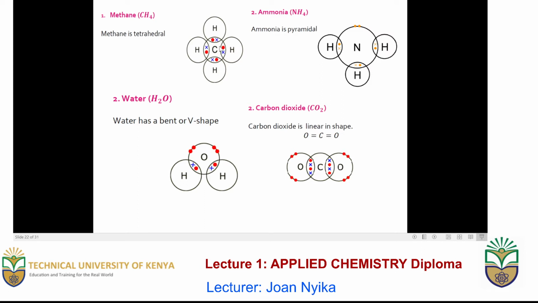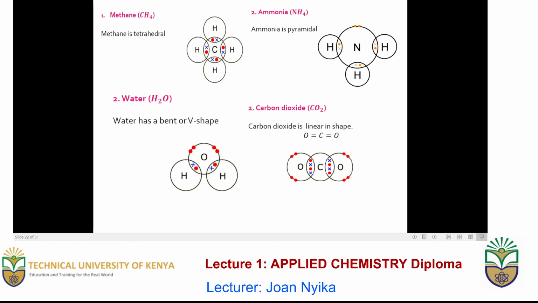Carbon, which has four electrons in its outermost shell, ends up sharing with the one electron in each hydrogen, so that each hydrogen gets a duet state, and so does the carbon get the octet state.